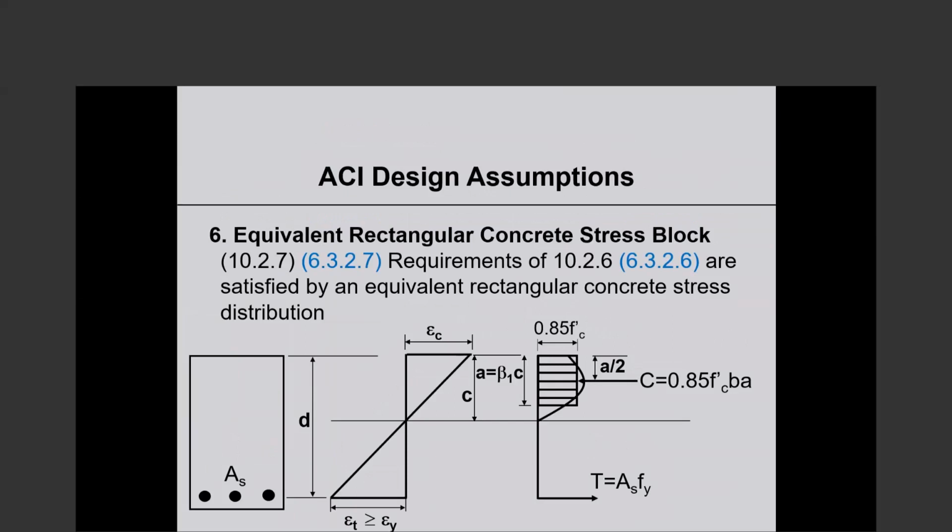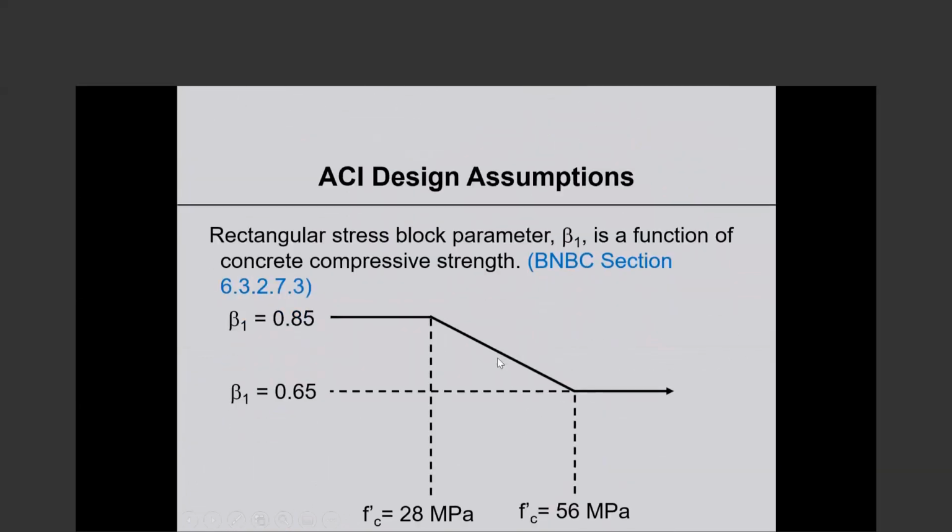I'll elaborate a little bit more. Okay, so the beta sub 1. Remember, the stress block depth is the neutral axis depth multiplied by beta sub 1. Beta sub 1 is 0.85 up to a concrete strength of 4,000 psi.